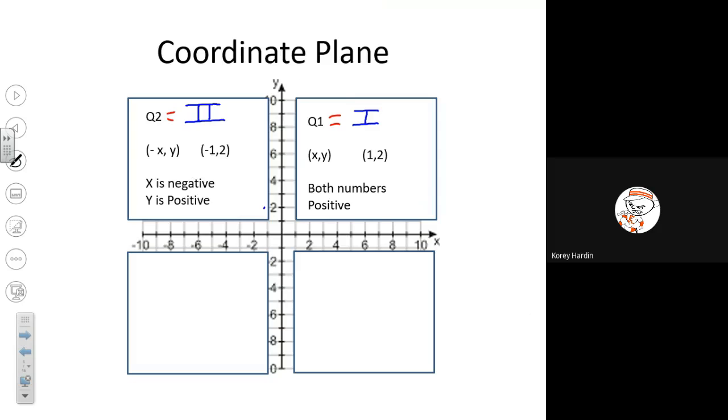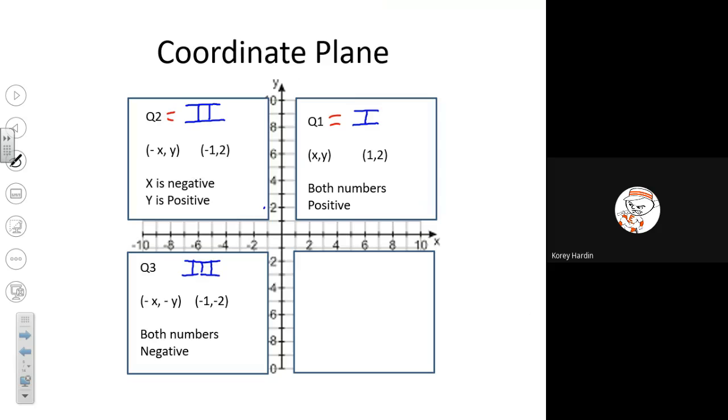But quadrant 3, let's talk about quadrant 3. In quadrant 3, the first thing we're going to do is the Roman numeral is going to be 3 lines now. And then both of my numbers are going to be negative. So the first number is negative, the second number is negative. The x-axis is negative, the y-axis is negative. So we're going to go left and down.